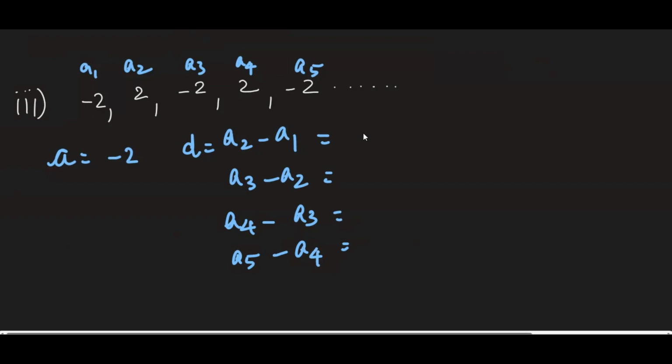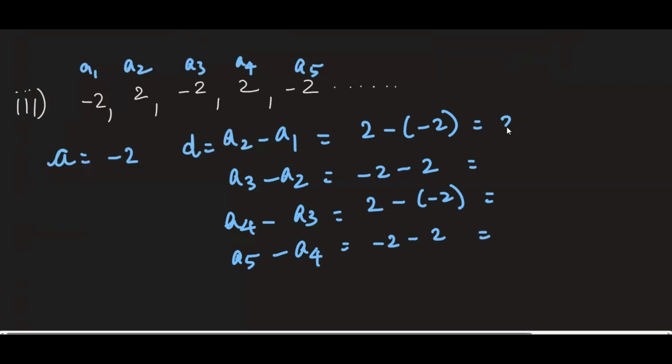What is A2? A2 is 2. So 2 minus of minus 2. A3 will be minus 2 minus of 2. Okay. A4 is 2 minus of A3, which is minus 2. Again A5 is minus 2 minus of A4, which will be 2.